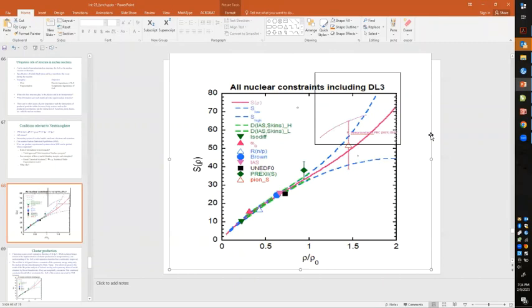You can say around 1.5 times normal density, but there is no... Is it some kind of weighted average? There are ways. You can look at the most probable density where most of the pi minus and pi plus are produced. Yes. I can probably pull up the talk that I gave at INT where I discussed this point.